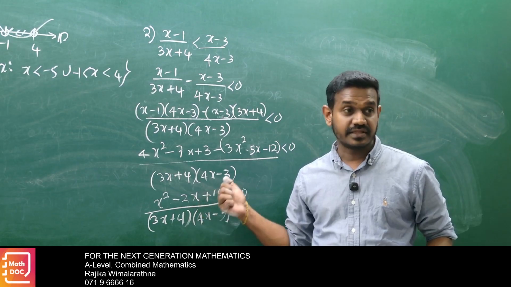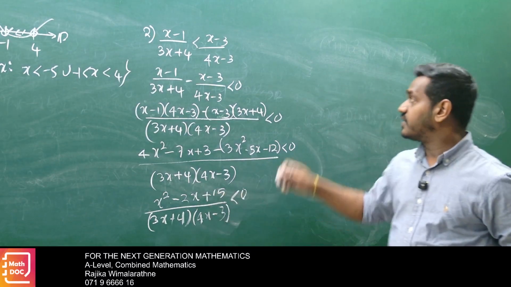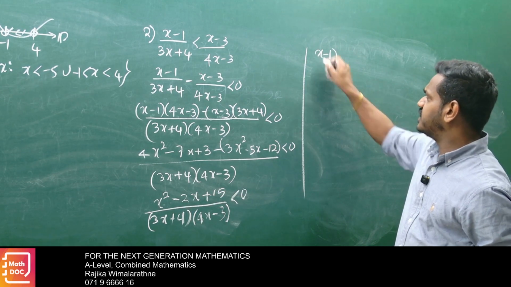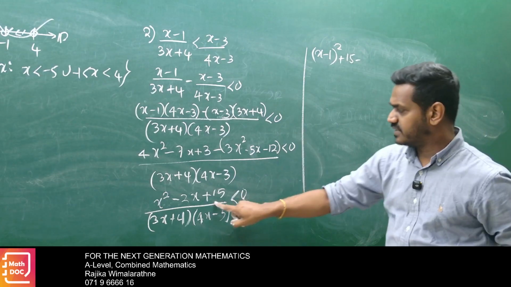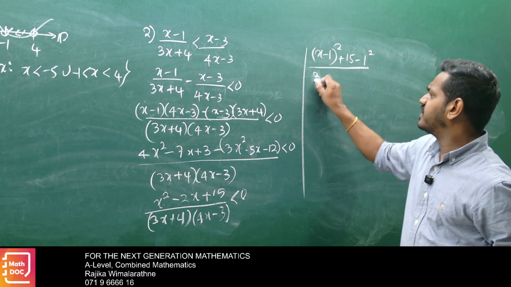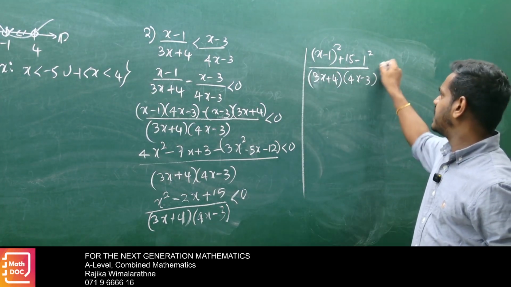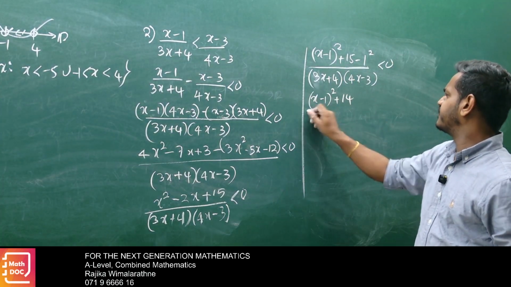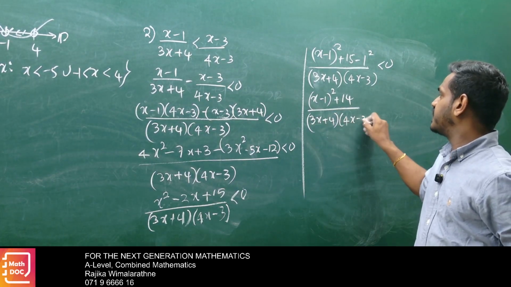Then you have to check it with a complete square. Here x squared minus 2x means x minus 1 squared, 15 minus 1 squared, over 3x plus 4, 4x minus 3 is less than 0. Then here x minus 1 squared plus 14 over 3x plus 4, 4x minus 3 is less than 0.